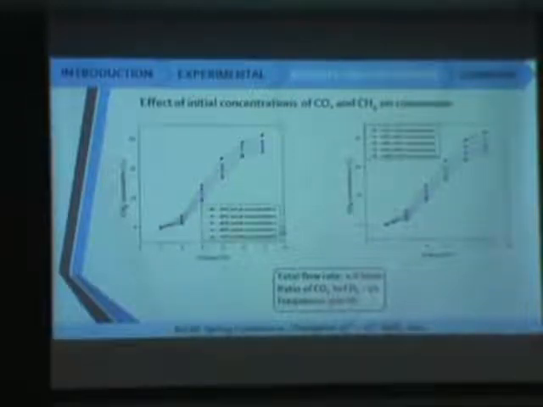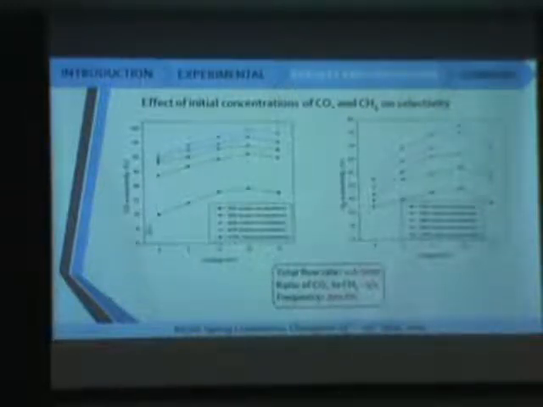The reason is that we keep the same total flow rate and add nitrogen gas inside the plasma zone, so with a high concentration of nitrogen gas, there are more radicals for the reaction to take place.